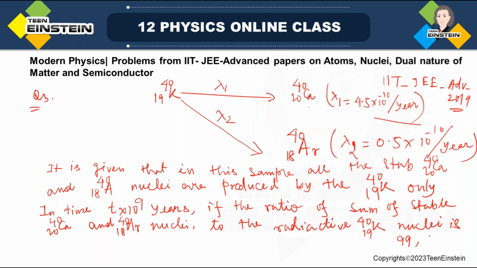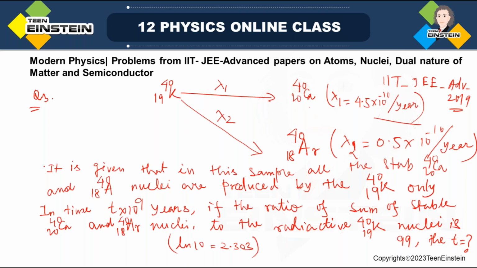Then T is equal to how much time? You have to find out what is the time. Here it is given that ln 10 is equal to 2.303. This is given. So I hope you guys have understood this question.